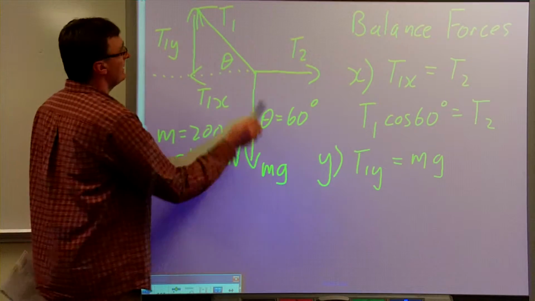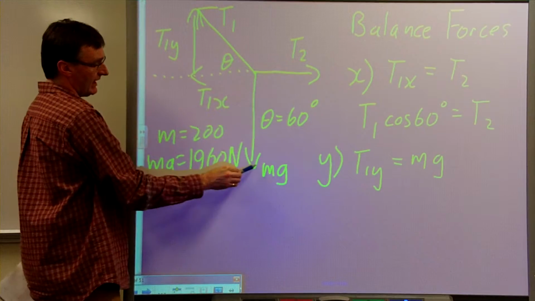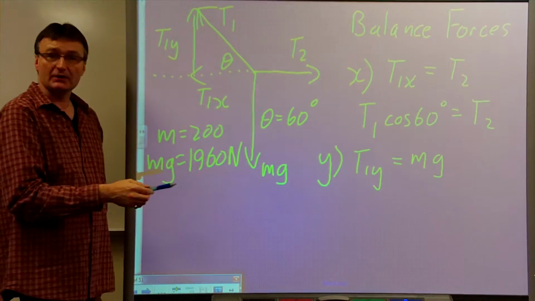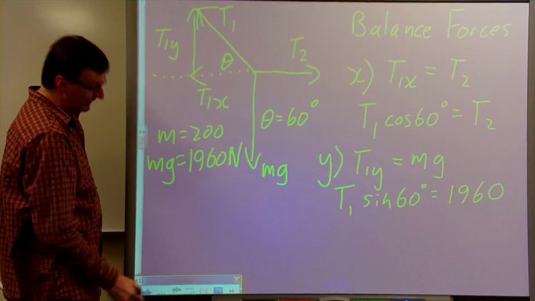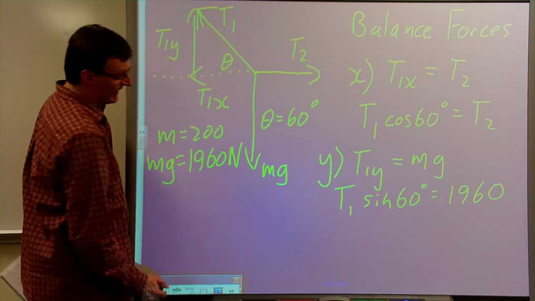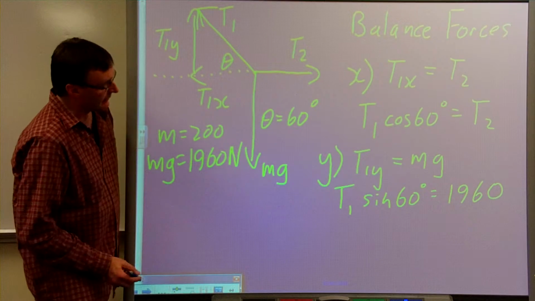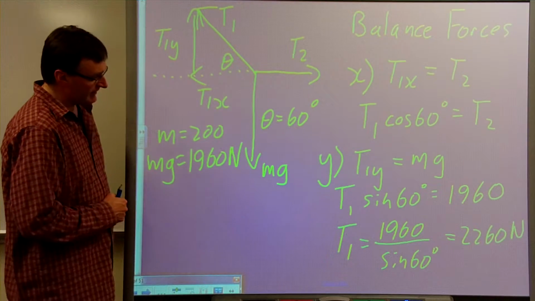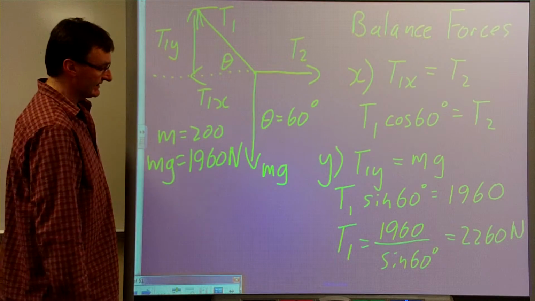In the y direction, we have this component of T1, which is T1y, and we have mg of the chandelier. Those two have to equal each other. Those are the only two forces in the y direction. So we can quickly say that T1 sine 60 has to equal 1,960 newtons. We just solve for T1, so T1 has to equal 2,260 newtons.